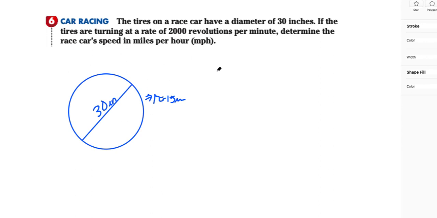And so what we would do is we would come up with the linear velocity, and that we know to be r times theta over t.